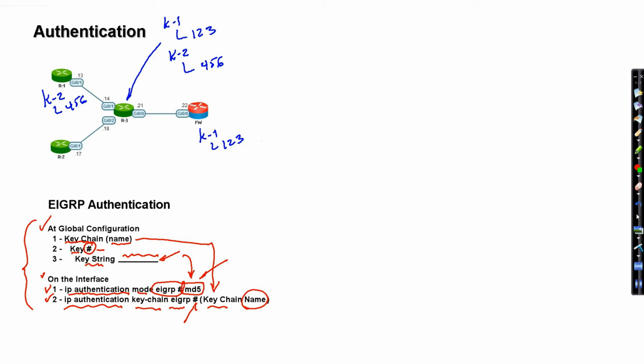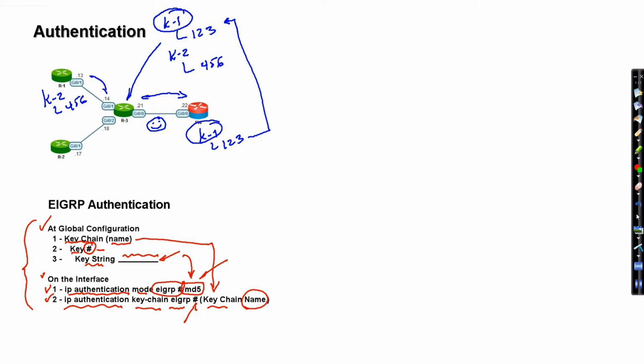When EIGRP performs its authentication, it always uses the first key available on its list. So when the authentication process happens between the firewall and router 3, the first key on both devices is key 1 with a matching key string value, so their authentication process is all good.